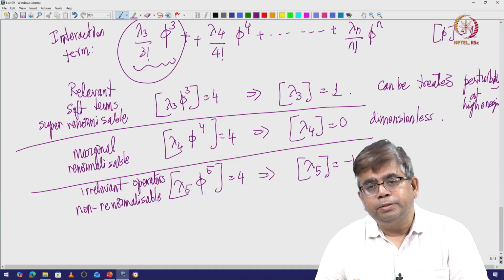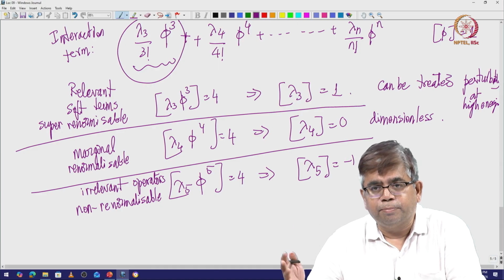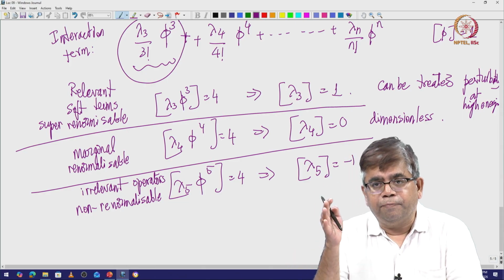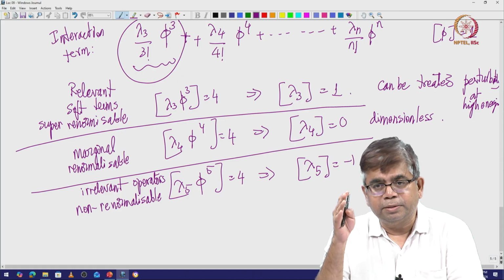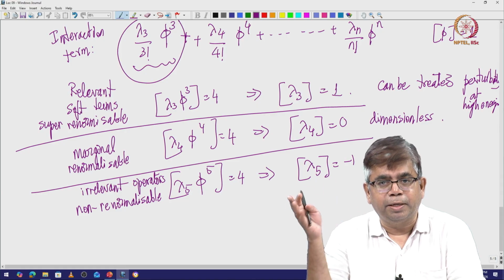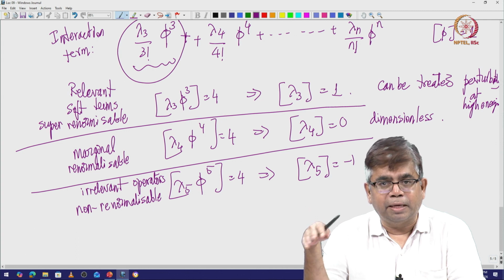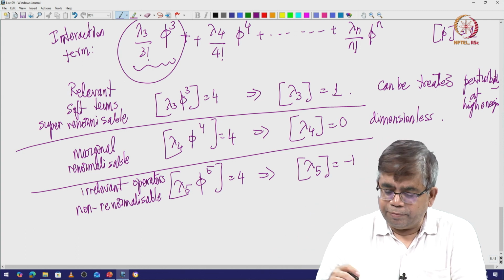It also turns out to be that, because they have coupling constants with negative mass dimensions, as at some point we will see, I will just mention this. Any theory with coupling constants with negative mass dimensions is first of all dimensionful and with negative mass dimension. So they go as 1 by g square, GeV square, or I will give you examples like Fermi theory, or there are many other examples in which the coupling constants go with negative mass dimension.